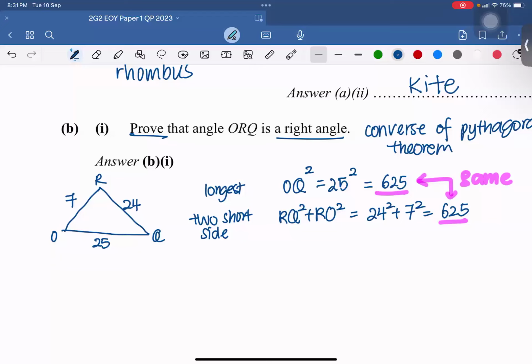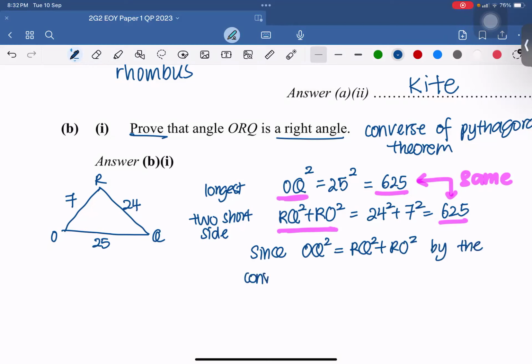Yes. How do we write? OQ square equals RQ square plus RO square, by the converse of Pythagoras theorem.